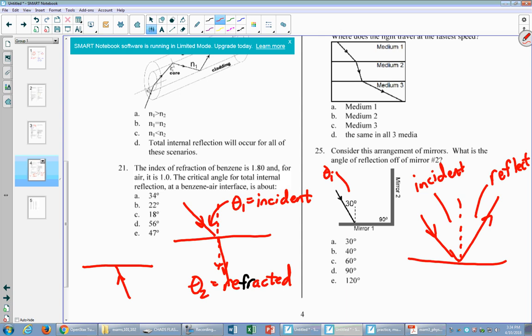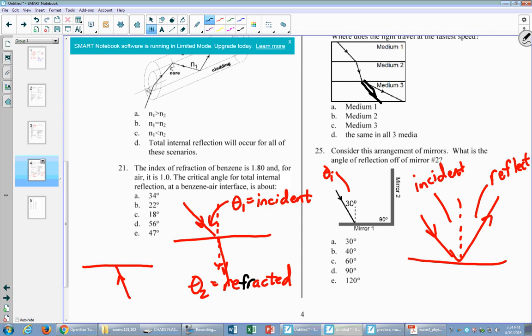So let me repeat what she said. I think I understood what she said. Let's say that we had this, but in medium 3, instead of doing what it does there, it does something like that. The point being that this ray and this ray are parallel.